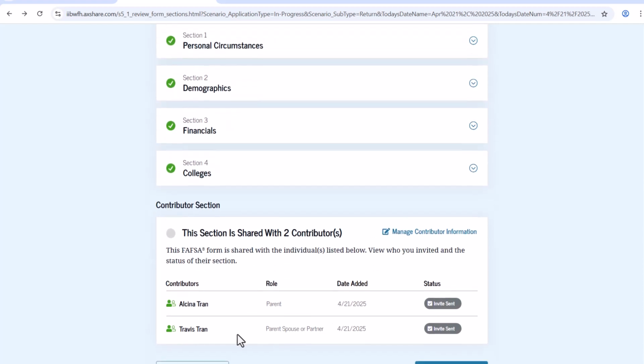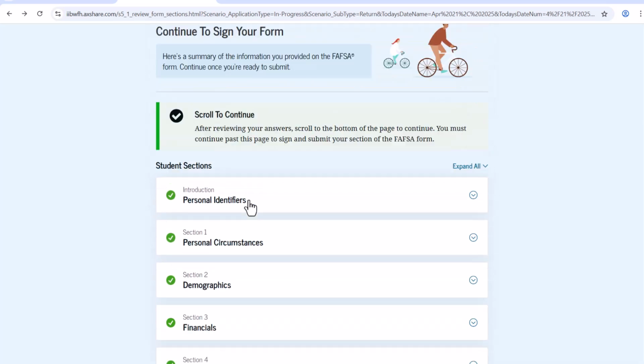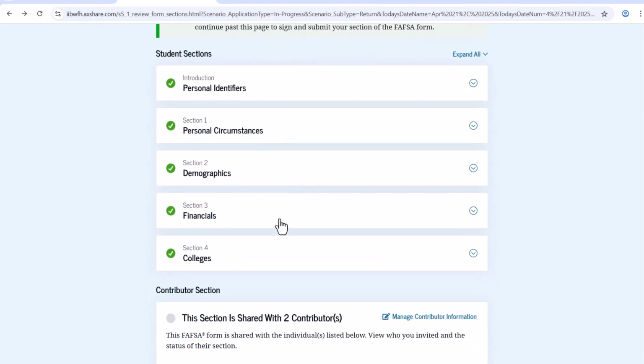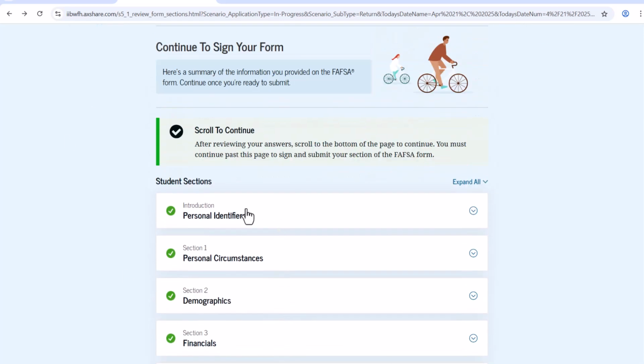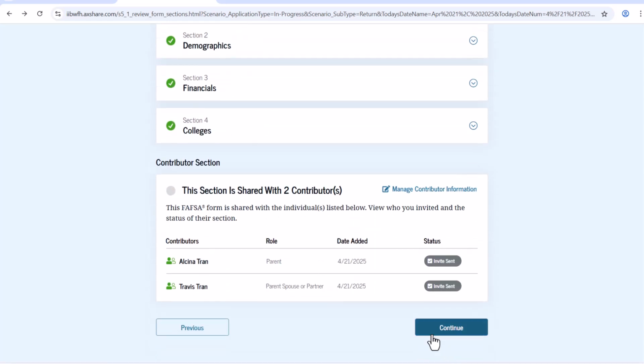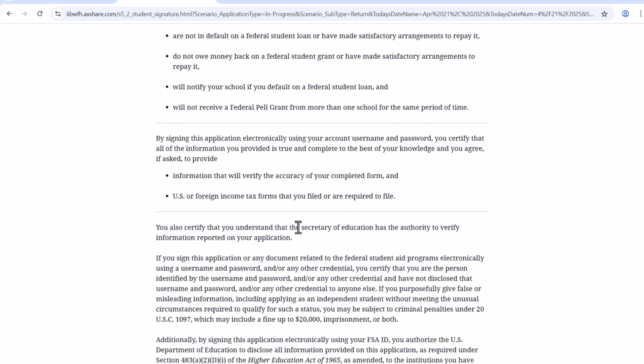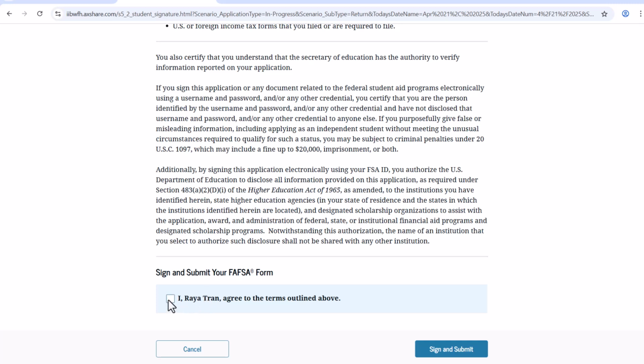So it does say that we invited another contributor, but just know Mom was the person that started. But for this video, Raya just completed her section. So again, she can go through and make sure everything looks good. And then she can continue to her signature page where she will sign and submit her FAFSA application. So we're going to sign for Raya and submit.